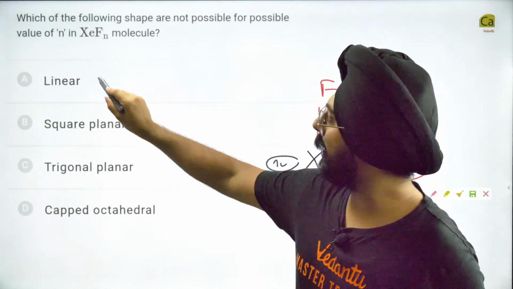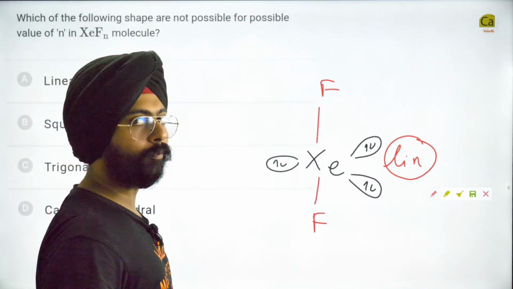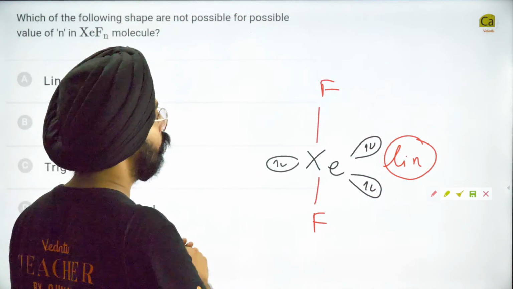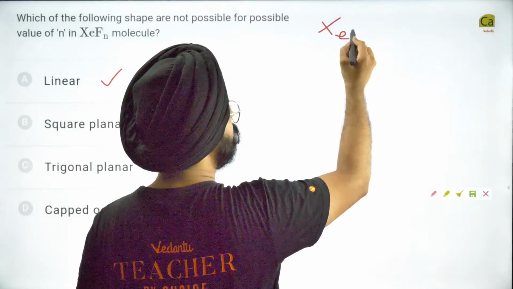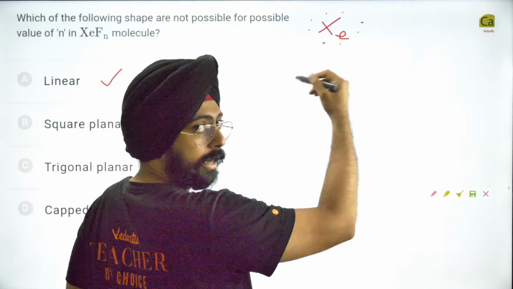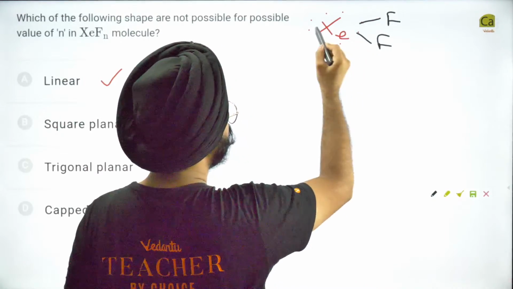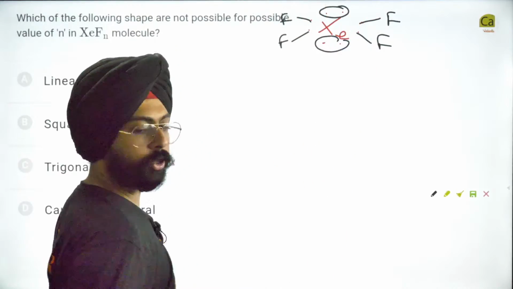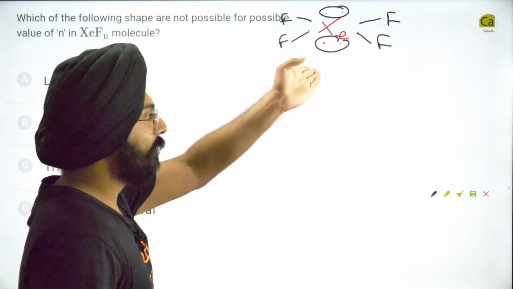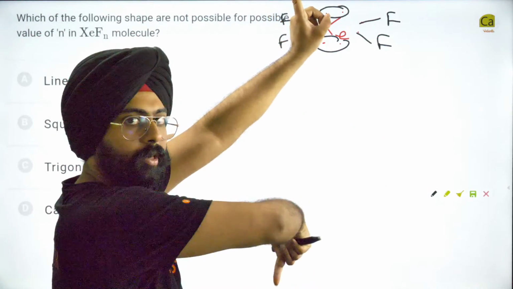So linearity is possible. Now what about XeF4? In XeF4, I remove this from here. XeF4 has 8 electrons, and again you have to put 4 fluorines on it. We can easily make the structure over here itself. So you have 2 lone pairs, 4 bond pairs. This is the structure, square planar. 1 lone pair on the top, 1 lone pair on the bottom.